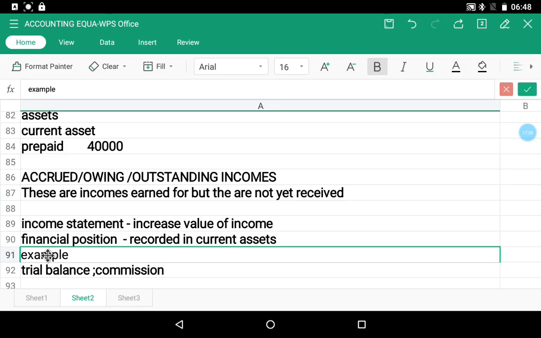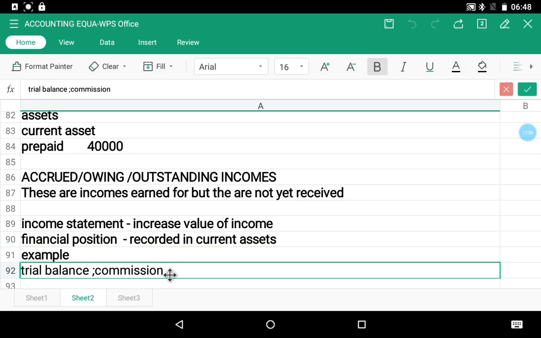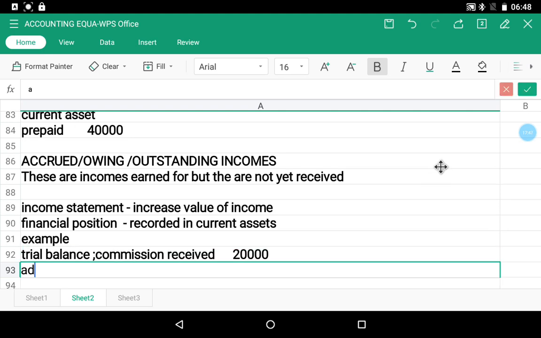Our commission received is 20,000. Then in additional information, they have told us that we have accrued commission.